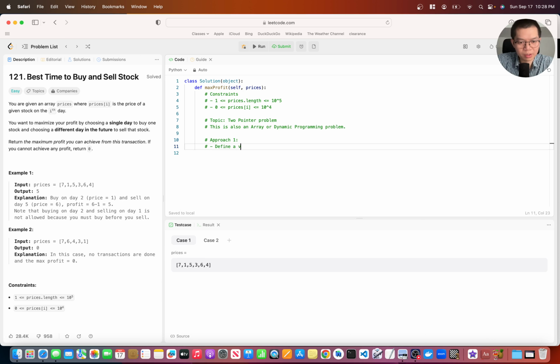Define a variable that will serve as the max profit variable. Then return this variable at the end.